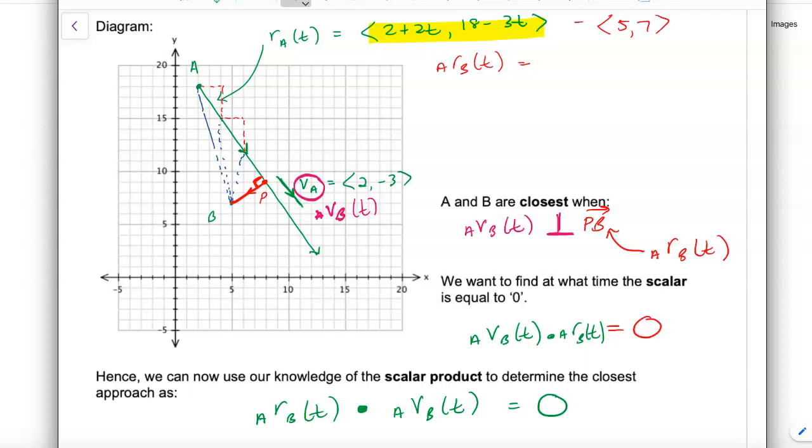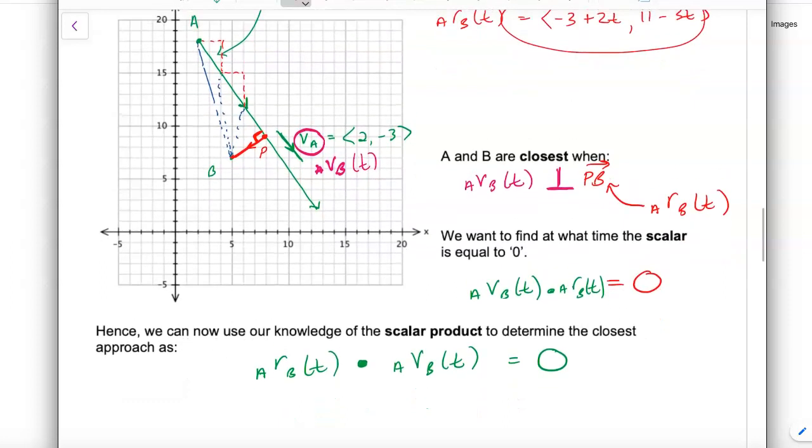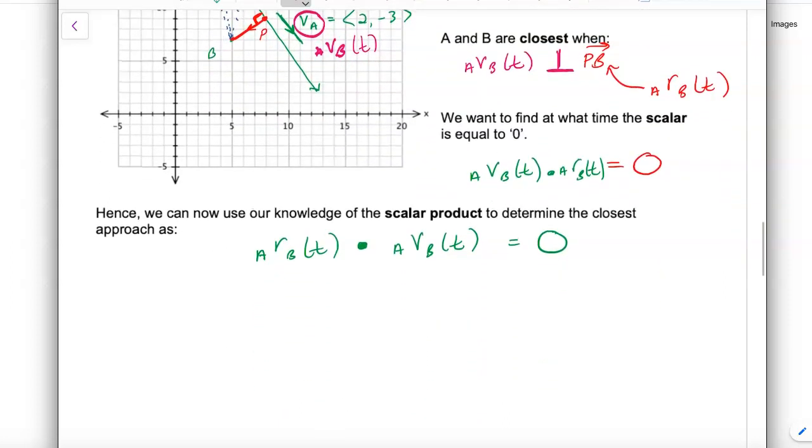So we're going to have 2 take 5, so that's -3 plus 2t, and 18 take 7 is going to be 11 take 3t. So there we go, we've got our displacement of A relative to B, or from B. So let's place that down here. We've got -3 plus 2t and 11 take 3t.